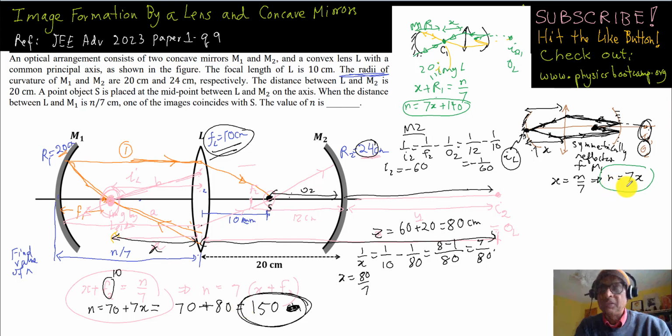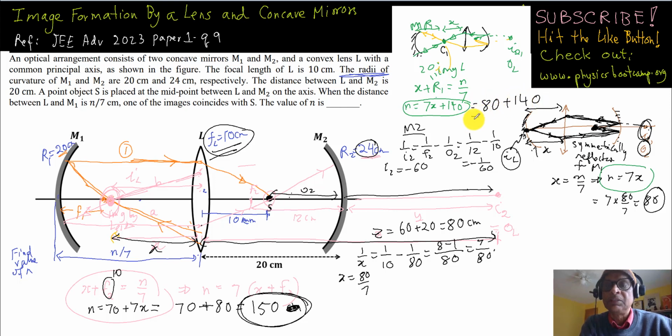And in this situation N will be equal to 7 times 80 over 7, which is 80, and in this situation it will be 80 plus 140, which is 220. So we got one answer, two answers, three answers.